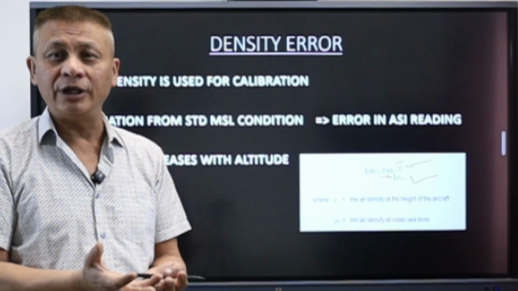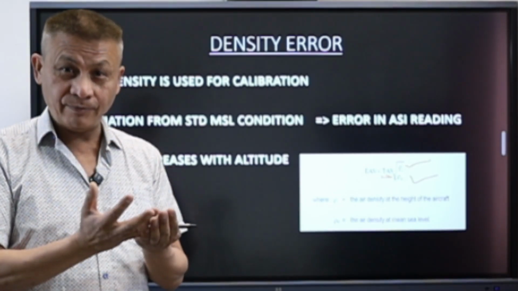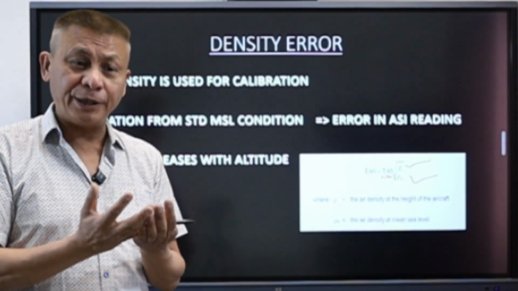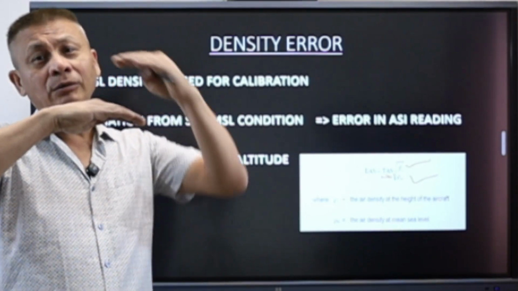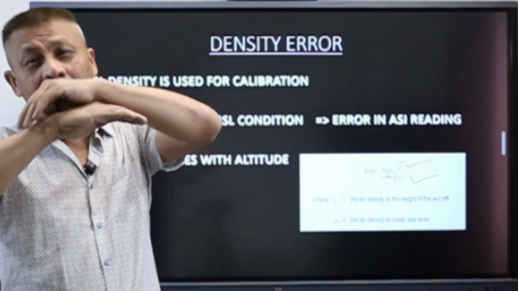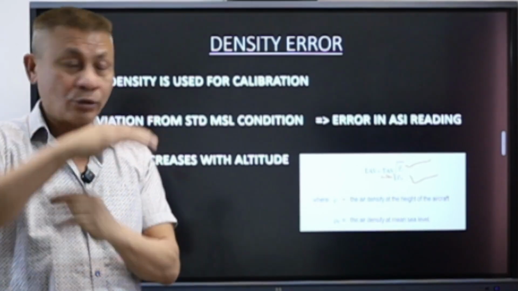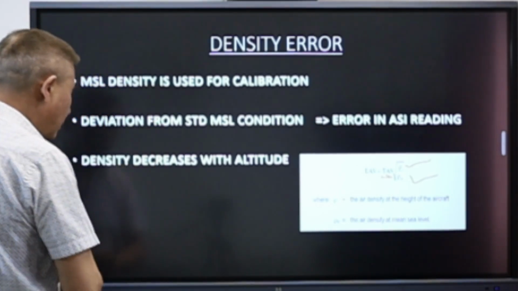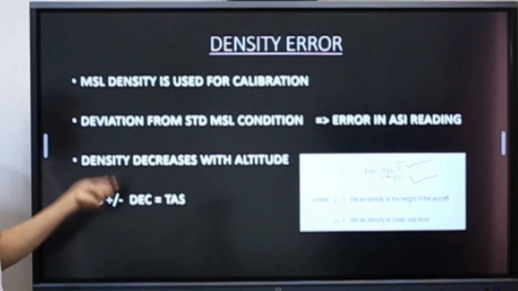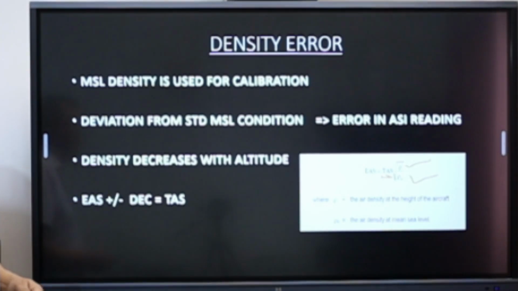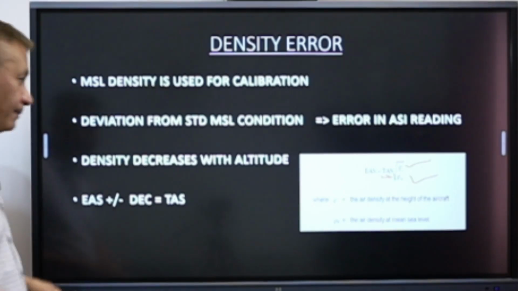That is why we call it the true airspeed. I repeat, the true airspeed is the motion of the aircraft with respect to the air around it. So the equivalent airspeed plus or minus the density correction gives me the true airspeed.